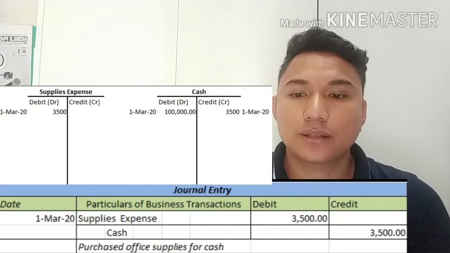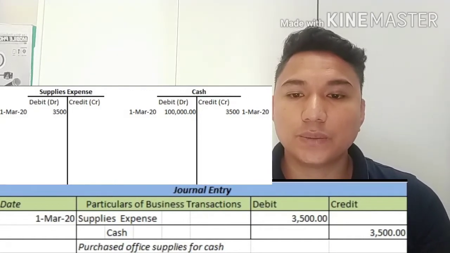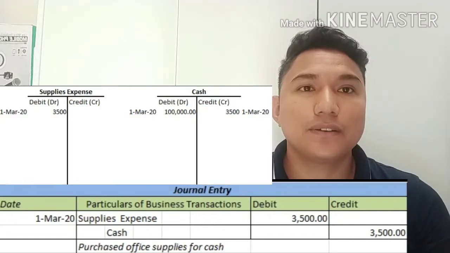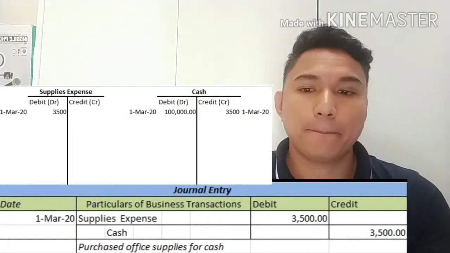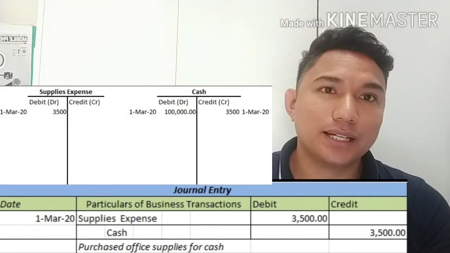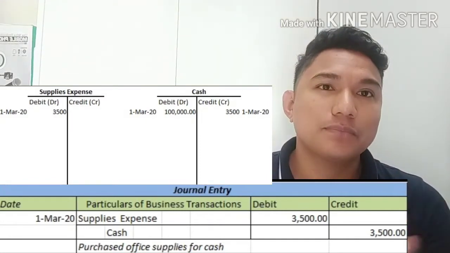March 1, 2020, we credit the cash 3,500. Now, somehow you understand the concept of the ledger.